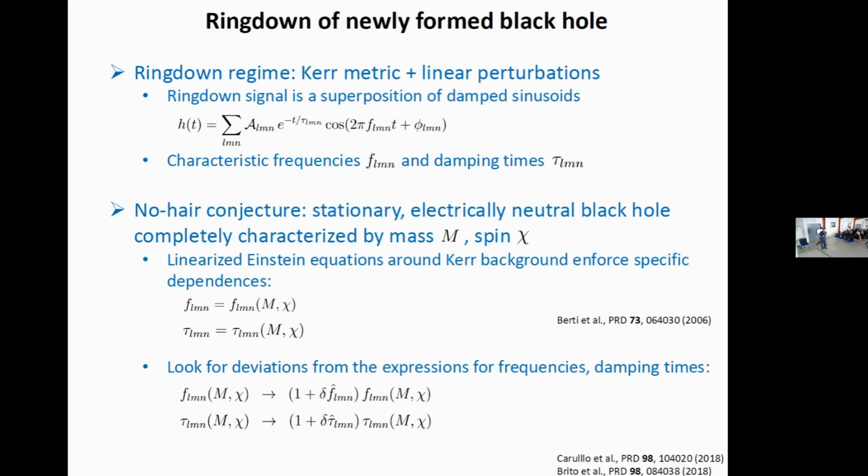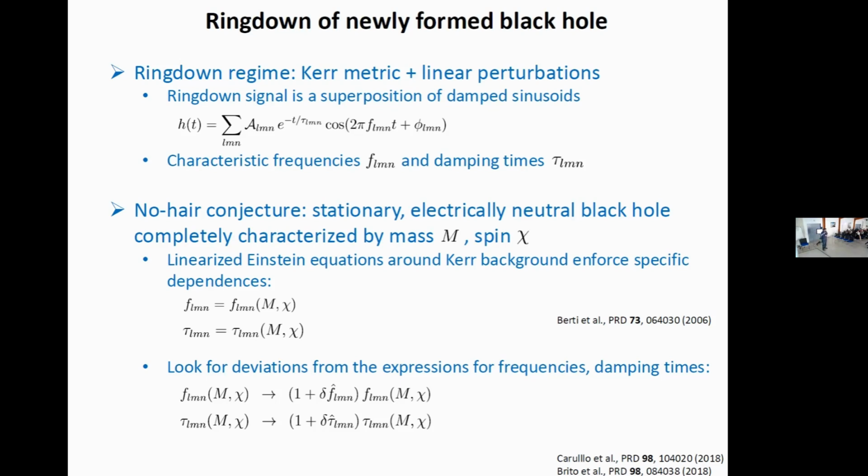Now, in GR, there is the no-hair conjecture, which says that if you have a stationary black hole that is electrically neutral, then its space-time is completely characterized by its mass m and its dimensionless spin chi. Of course, stationary black holes do not emit gravitational waves, so we won't see anything.